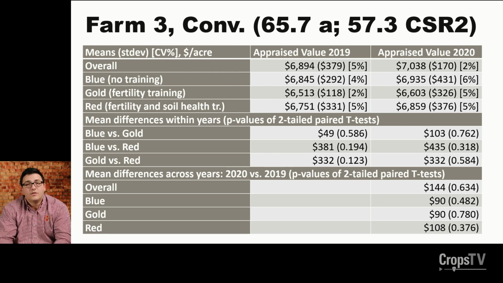In this case, the overall average appraised value in 2019 was $6,894, and for 2020 it was $7,038. And there are no statistical differences across groups for any of the years or even across years for Farm 3. So we can say that values were similar in both years, 2019 and 2020.